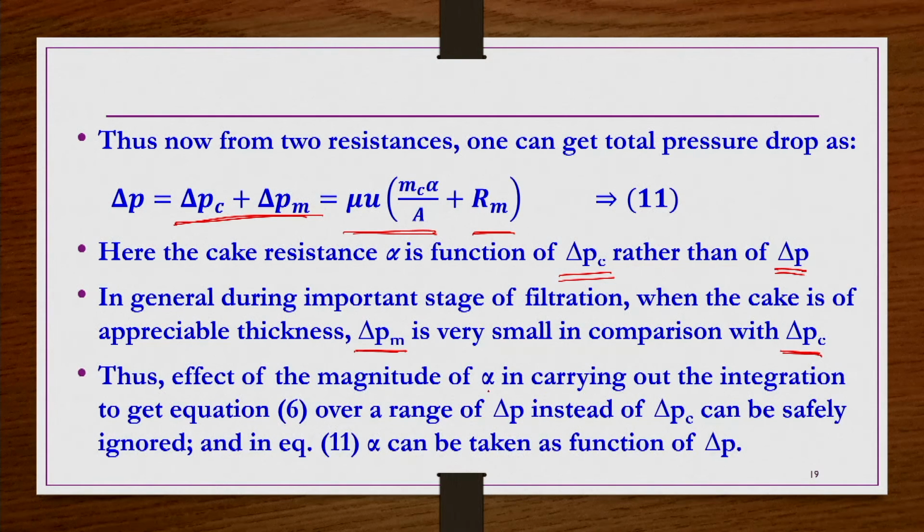Thus, the effect of the magnitude of alpha in carrying out the integration of equation number 6, over a range of delta P instead of delta Pc, can be safely ignored. And in equation 11, alpha can be taken as a function of delta P.